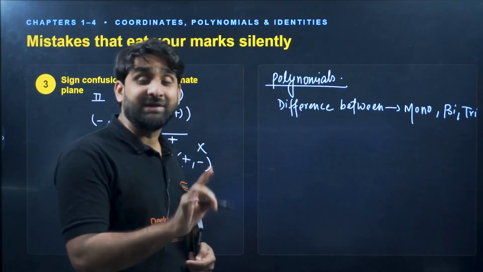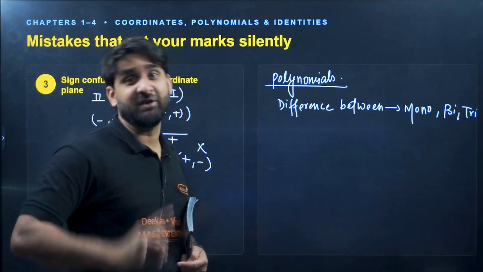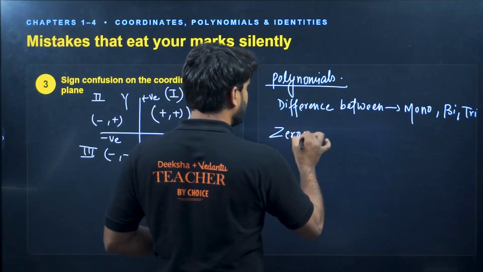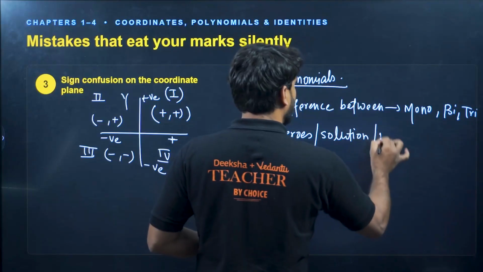It should be clear. The types of polynomials, how many types of polynomials are there? This is very important, right? And zeros, what is called zeros, what is called the solution of a quadratic polynomial, and what are called roots.